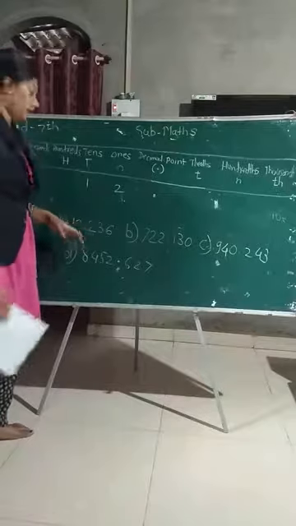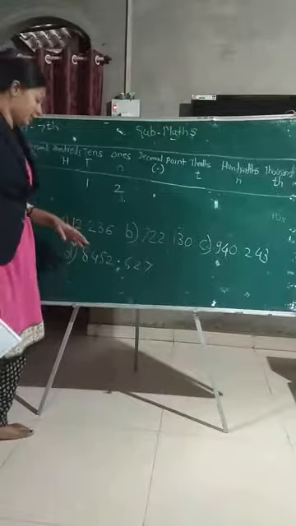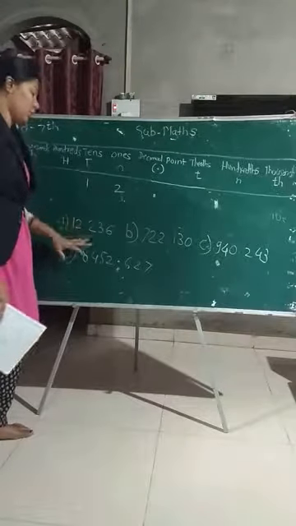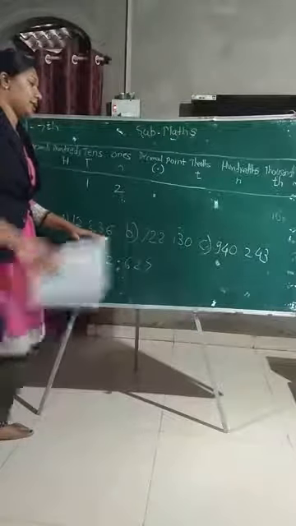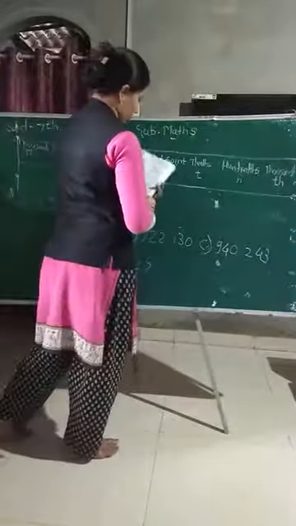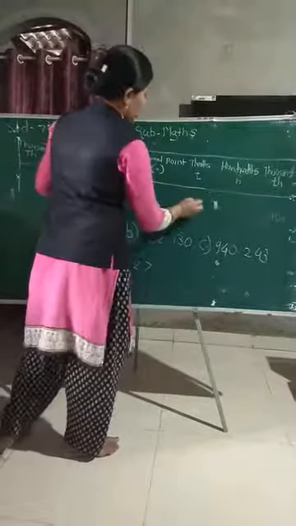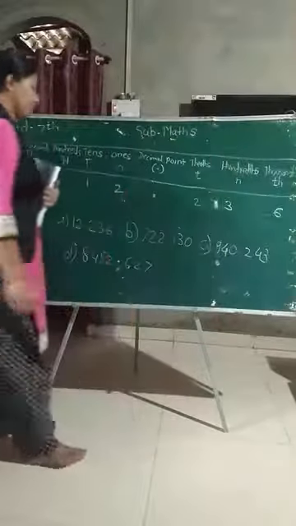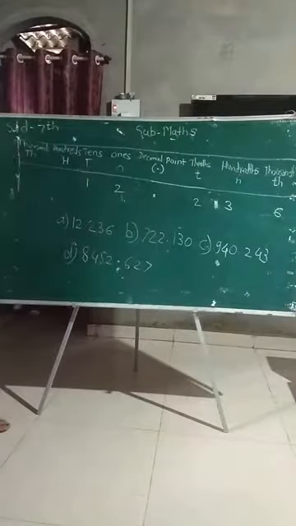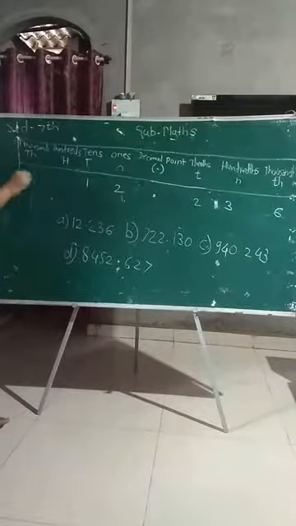That means there are 3 decimal places. Which digits? 2, 3, and 6. So we write here tenths place 2, hundredths 3, and thousandths 6. This is solution for A.